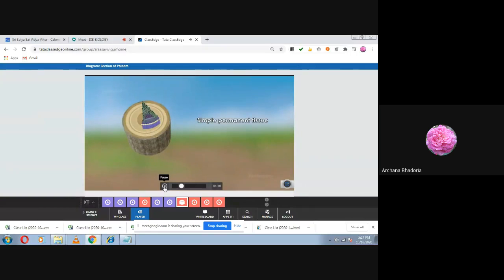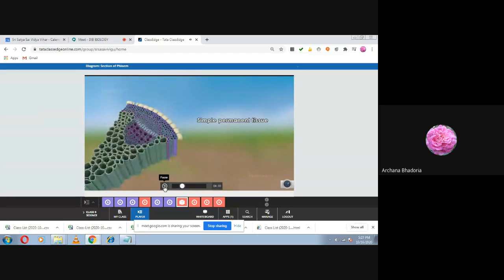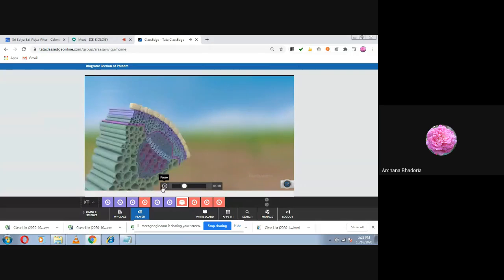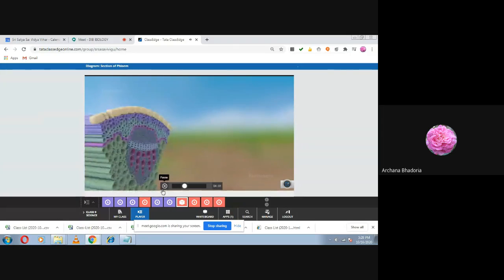Simple permanent tissues are composed of only one type of cell, but they can be further categorized as collenchyma, parenchyma, or sclerenchyma. If we were to look at a cross-section of a dicot stem, we would be able to recognize the first layer of the epidermis.